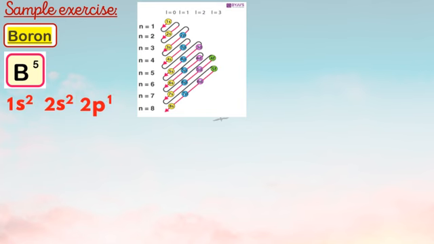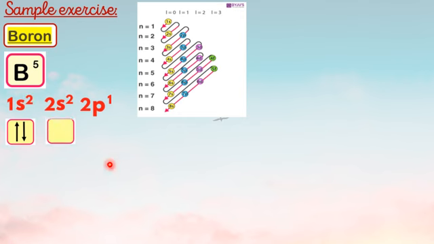For 1s2, in our table, we can see that s refers to one orbital, and the exponent pertains to the electrons. So we draw an arrow up, then an arrow down. If you count it, this is 1, 2, so 2 electrons. This is the orbital diagram of 1s2.